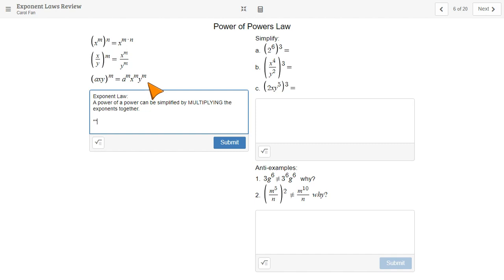Now, here's the little note. We have multiple bases inside the bracket. So if we have more than one base, then our exponent just needs to be distributed to all of the bases. And we call that the distributive property.